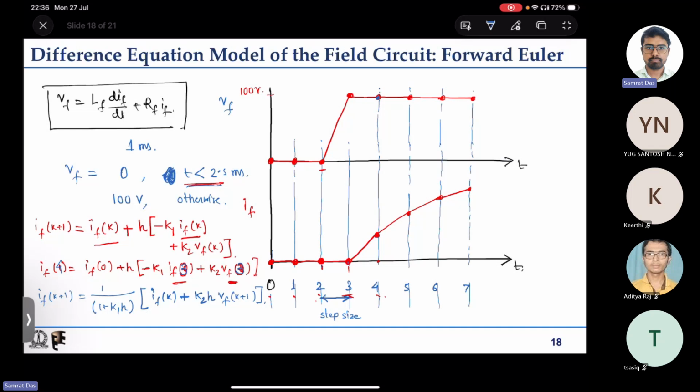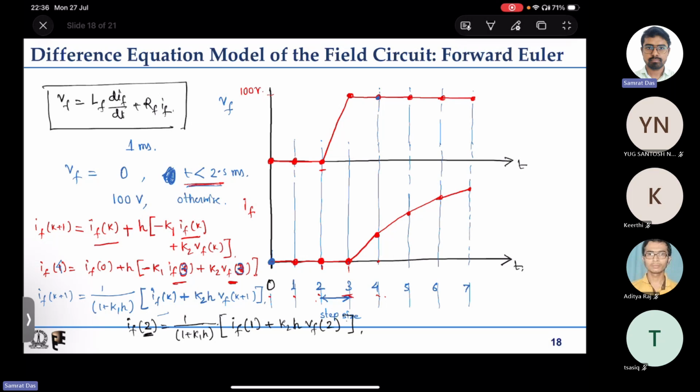In this case, when we are at 0, again it remains the same. When we go to 1, IF0 is equal to 0 and VF1 is also 0. Say for IF2, it is 1 by 1 plus k1h multiplied by IF1 plus k2 into h into VF of 2.